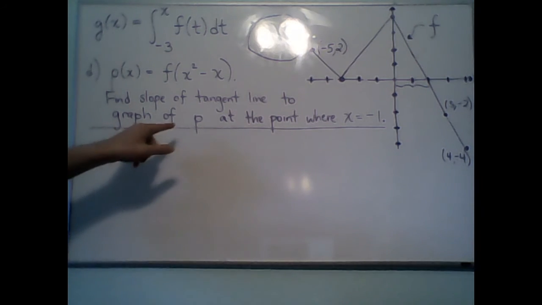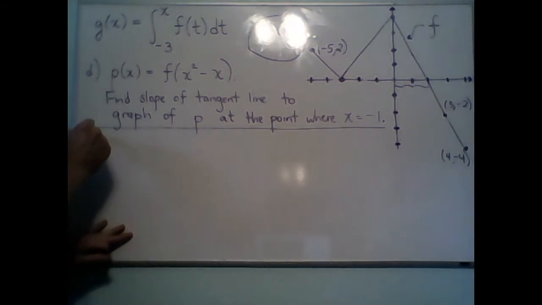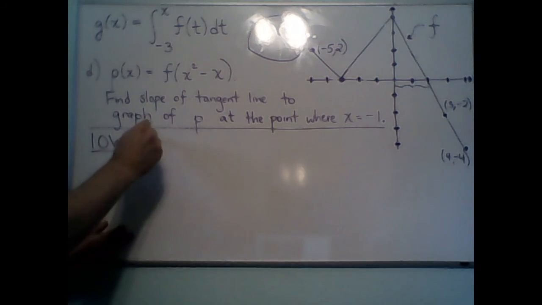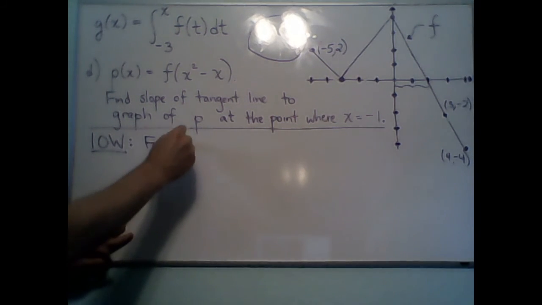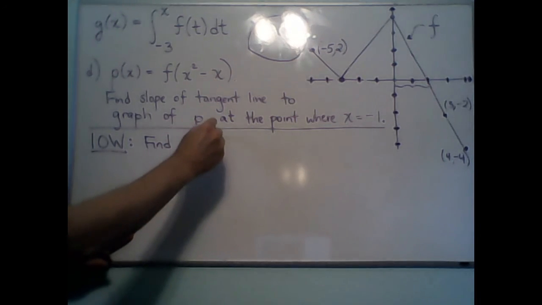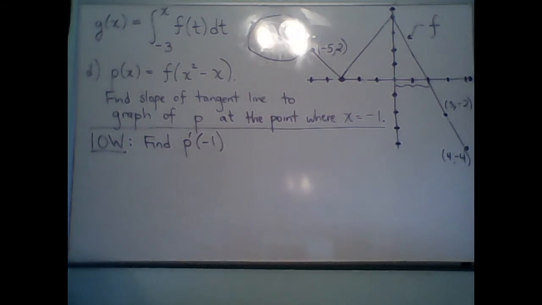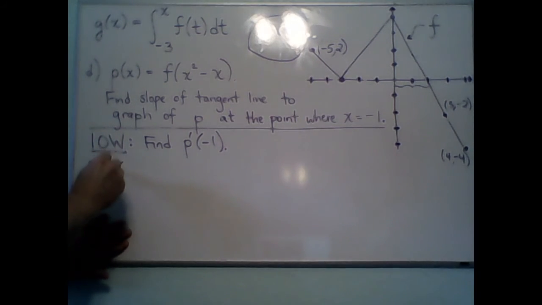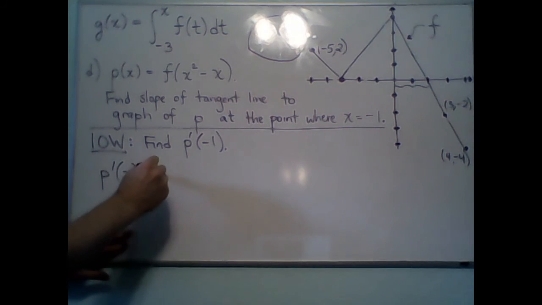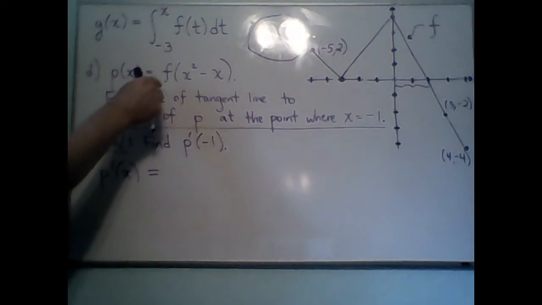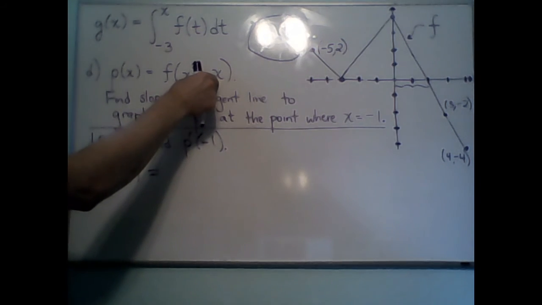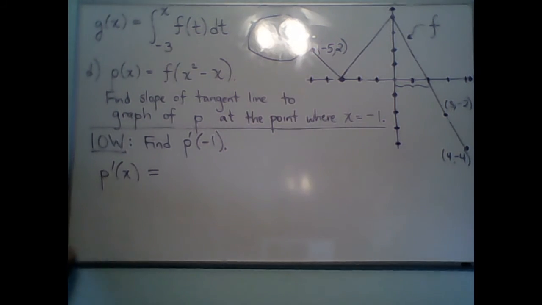So it's asking, in other words, find p prime of -1. Well, I'll start by finding p prime of x, the general derivative. And what I've got here is a composition of functions, f applied to an inner function that is x squared minus x. So I'm going to have to use the chain rule.